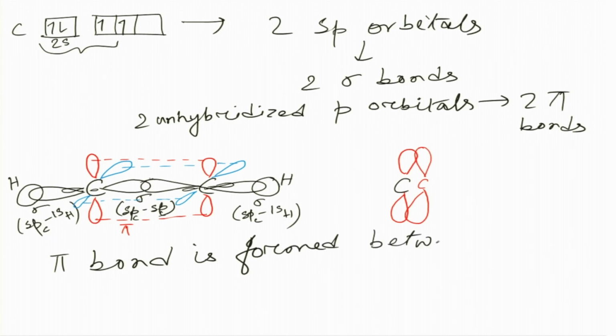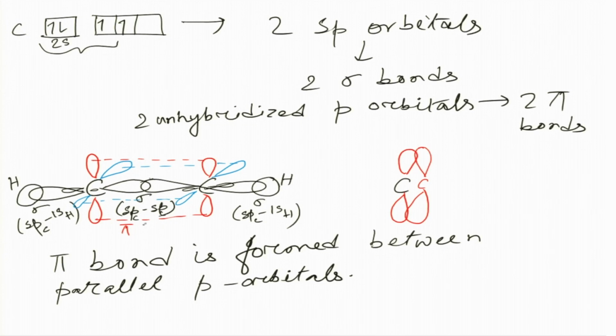between parallel p orbitals, that is px of one with px of the other, or py of one carbon to the py of another, like that. Okay.